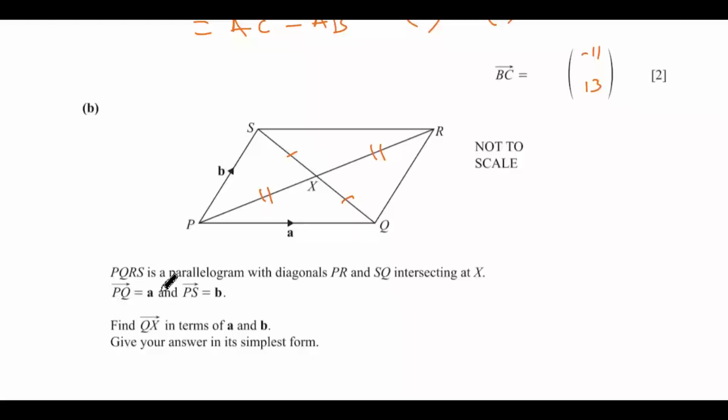PQ is equal to A and PS is equal to B. Find QS in terms of A and B. So vector QX will be equal to half of vector QS.